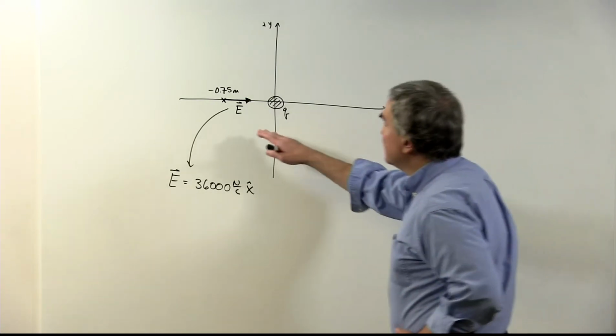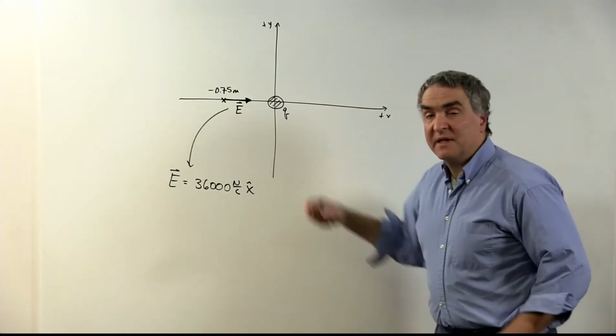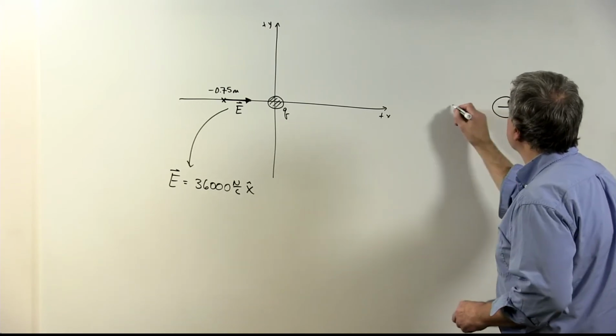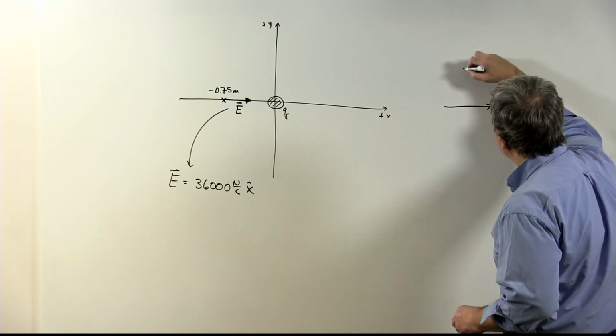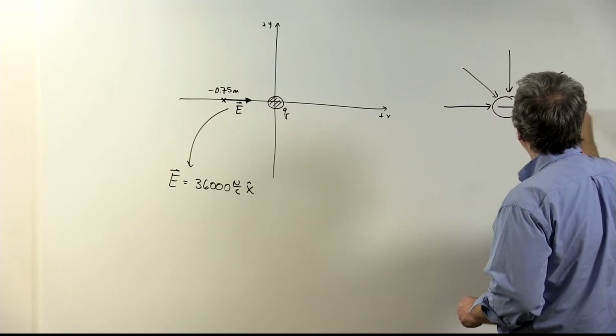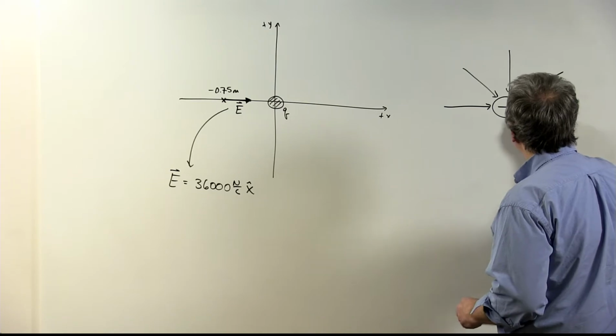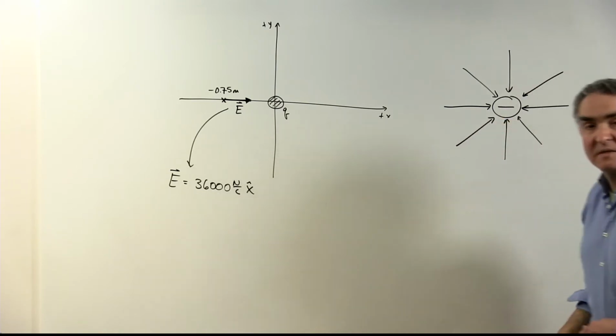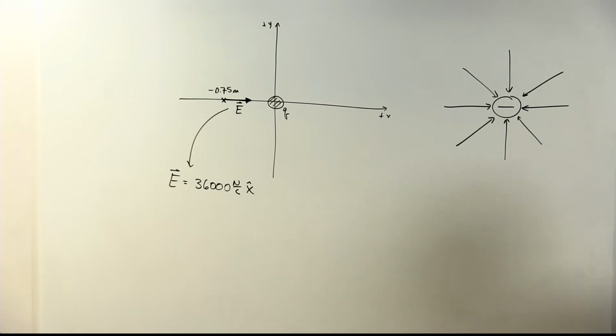The sign is found from looking at the direction of the electric field. Remember that a negatively charged particle has field lines that are pointing inward toward the charge, like this. Electric field lines point into a negative charge.